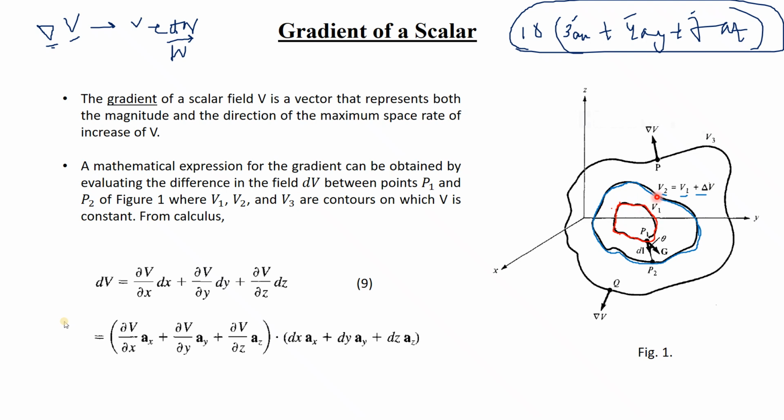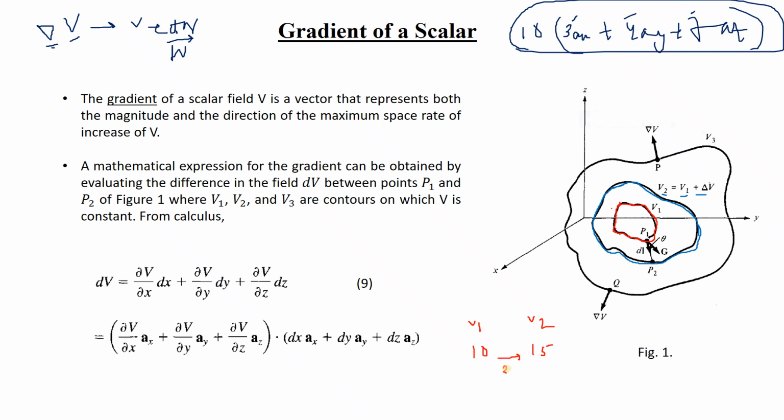if you want to jump, we will try to jump using the shortest path. If you travel using the shortest path, then there will be the maximum rate of increase of V. Suppose V1 is 10 and V2 is 15.